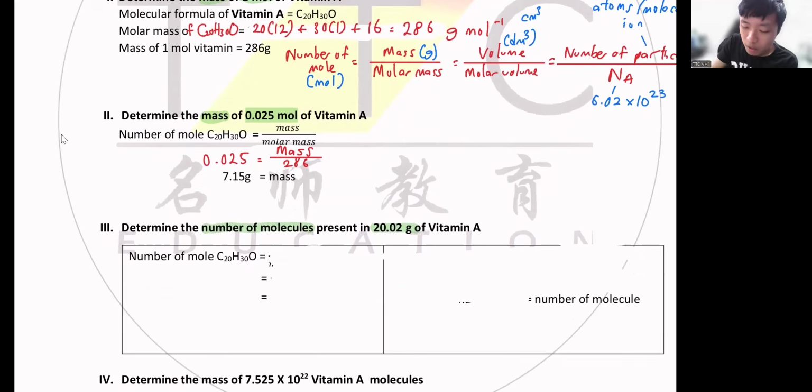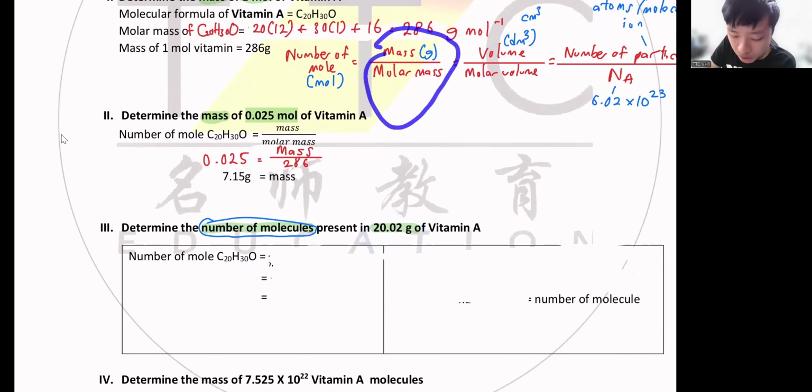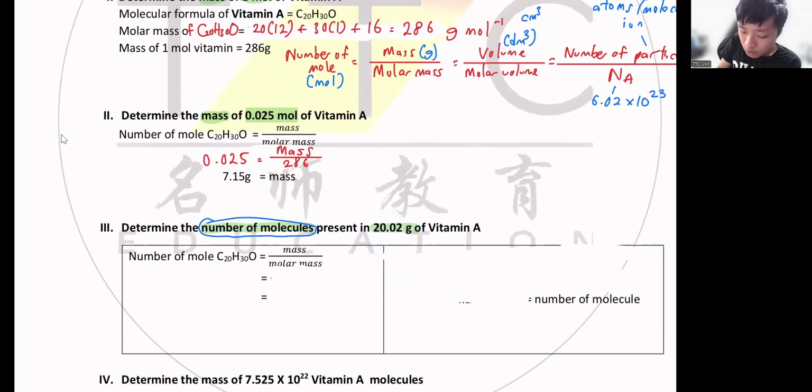So they ask for number of molecules, so we have to use this formula. And they give you mass, so you have to start with mass over molar mass first. Number of mole equals mass over molar mass. The mass is 20.02 over the molar mass just now, 286, which you calculated.